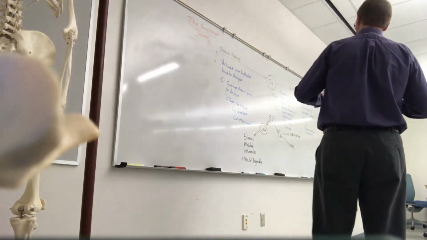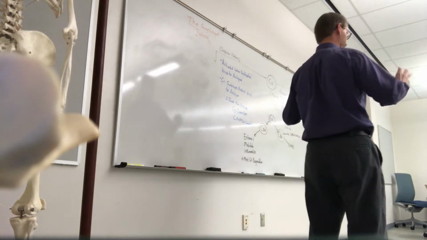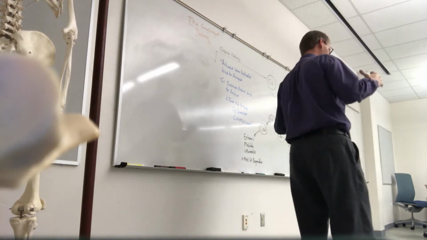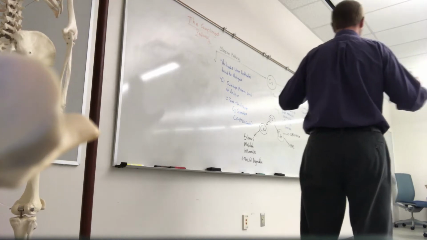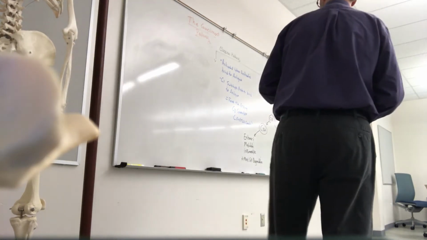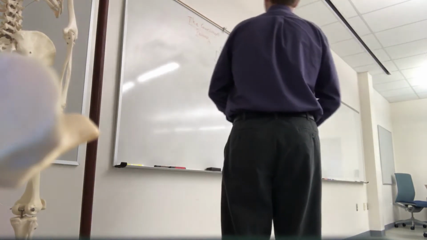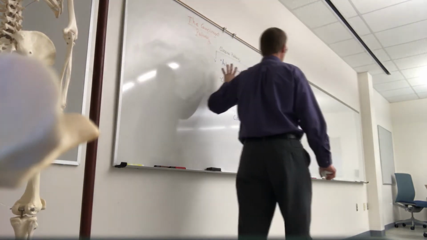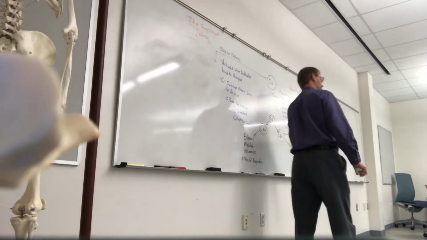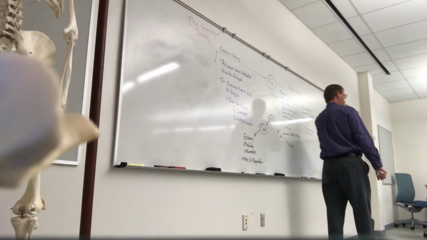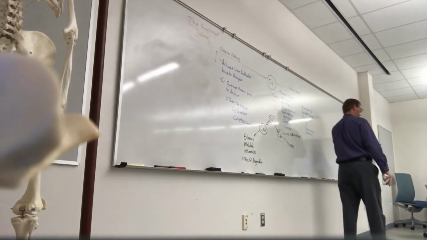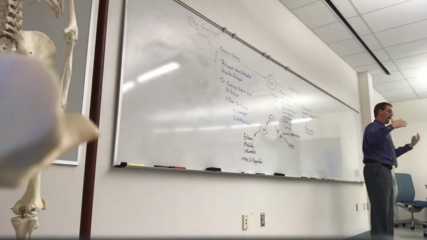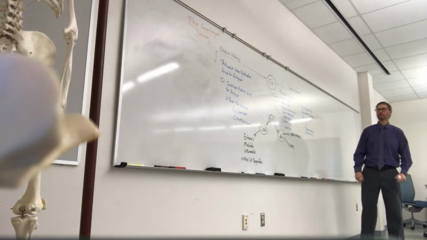So again, we are going to super simplify this so we can gain some degree of understanding of what's going on here. I look at it as it complements all the other immune functions going on. It helps complement them.